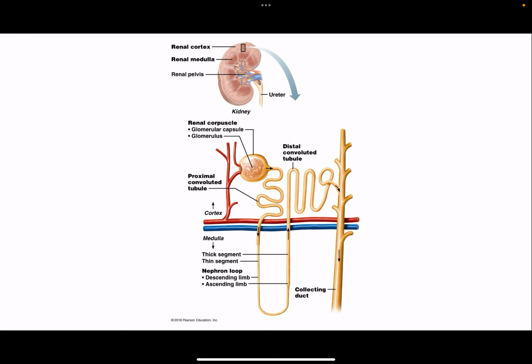All right, so this is a simplified version of a nephron. The tubes are going to be much more convoluted than what you see here. But here you have the renal corpuscle. This whole thing is the renal corpuscle, which includes the glomerulus, which is this ball of capillaries, and then the capsule around it. That's the renal corpuscle.